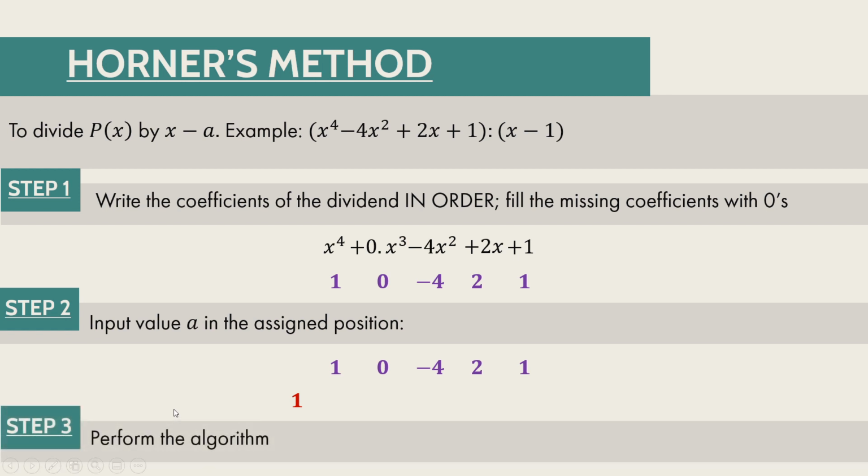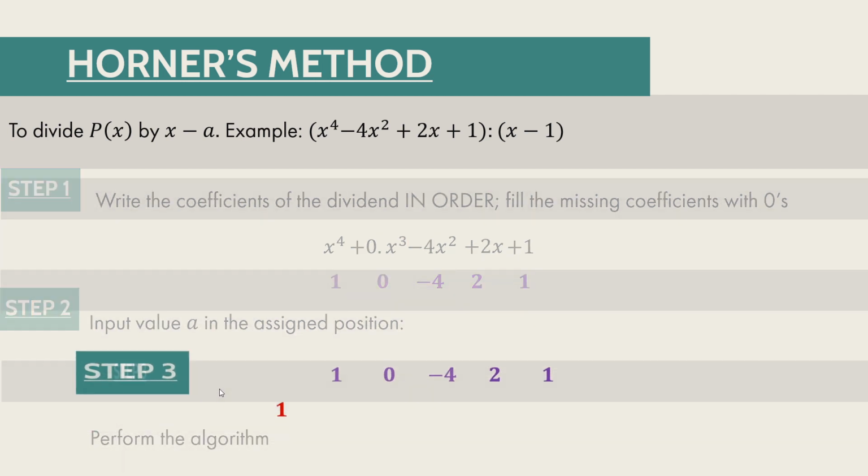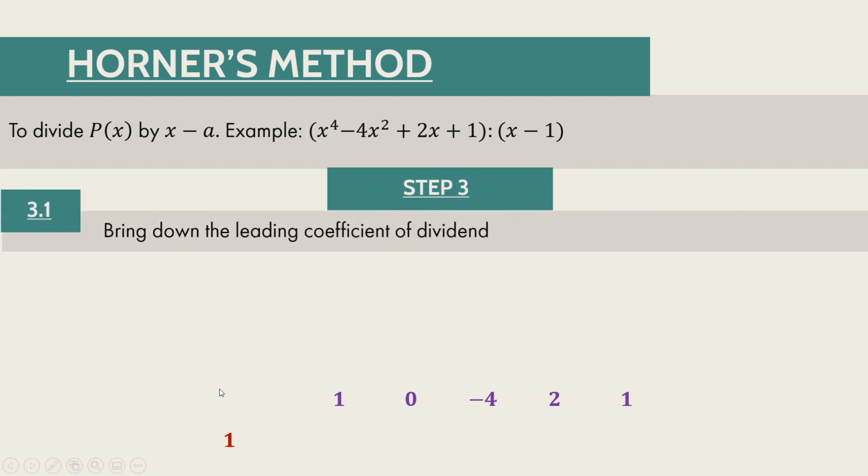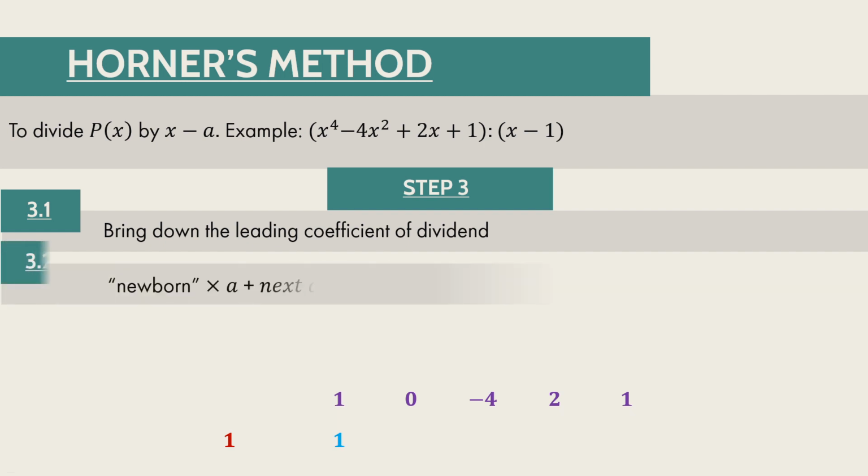Step 3. Perform the algorithm. 3.1. First, we bring down the leading coefficient of the dividend. Here we have 1, so we bring down 1. 3.2. We perform the calculation. We take the newborn.